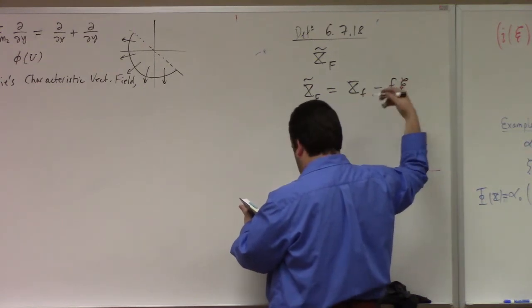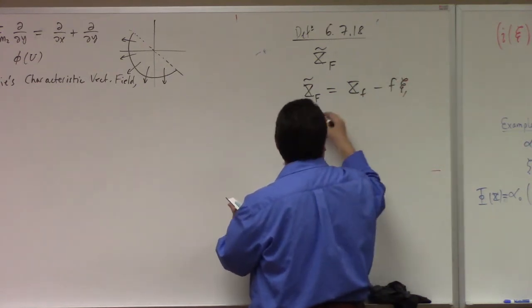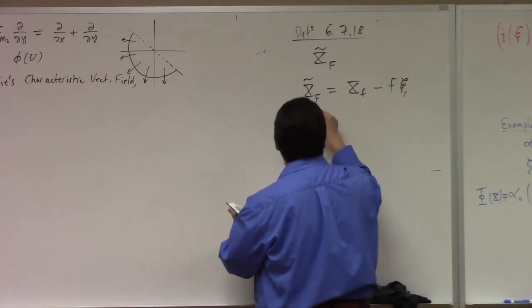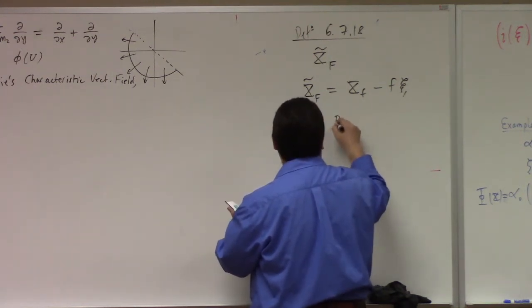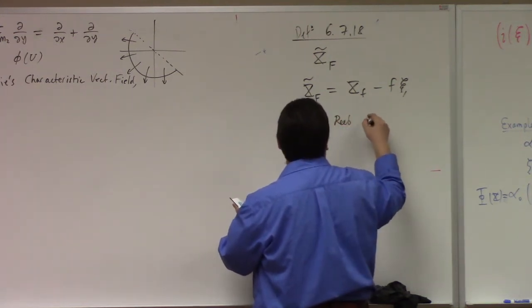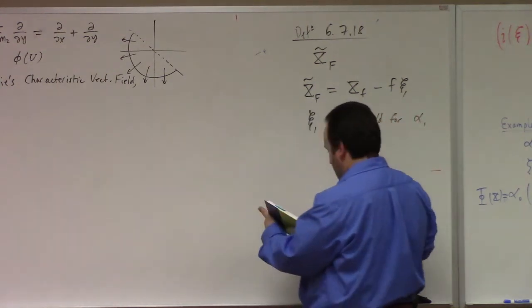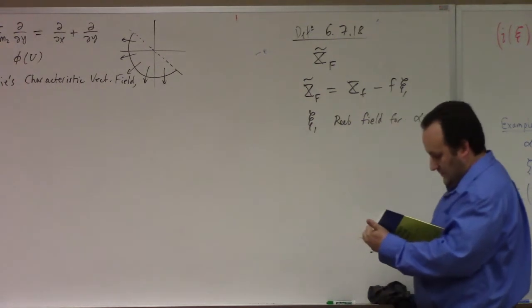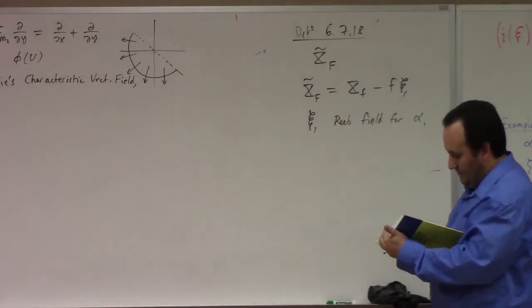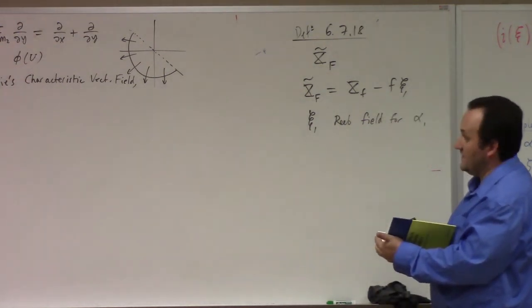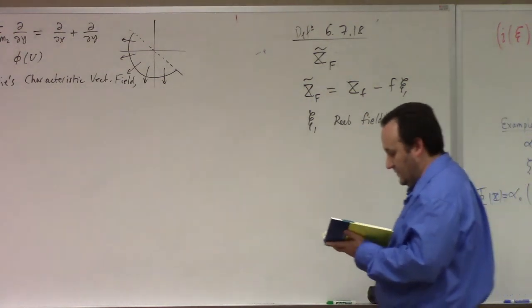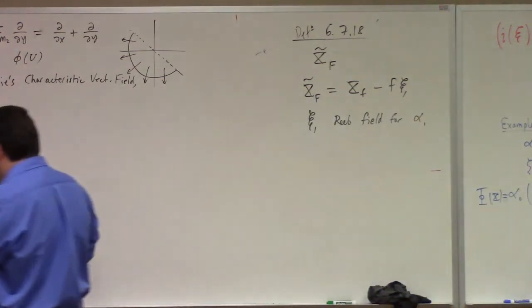Well, he has a sub 1 on it. It's the Reeb field for alpha 1. You might ask, what's alpha 1? Alpha 1 is a contact form, which has been discussed earlier in the section. So sorry, guys. All right, let me get on with it here.